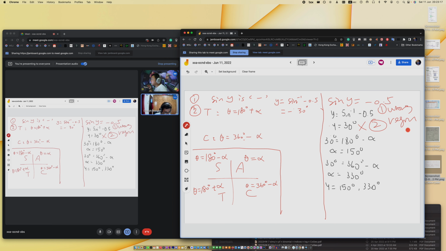Now the question you need to ask yourself is about negative 30 degrees. We don't want to play with negative values of angle. Actually negative 30 is also equal to positive 330. Do you know that?